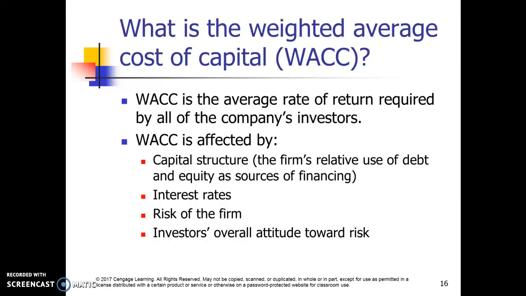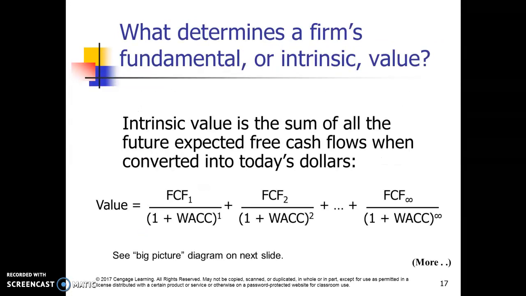We also hear about weighted average cost of capital, right? This is impacted by the capital structure, interest rates, risks, and overall attitude towards risk. Those are 2 big pieces of the puzzle we're going to talk about here. So when you think about it, what is a firm's fundamental or intrinsic value? Really, what do people think this company's worth? And it's just simple.